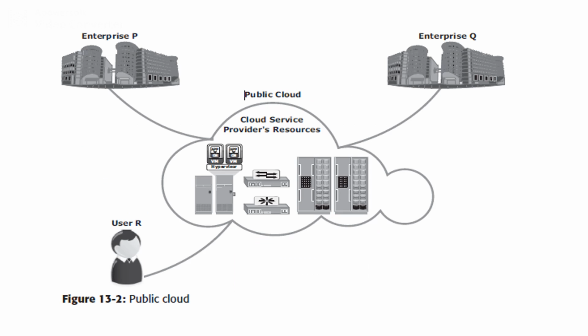The diagram shows the cloud service providers providing service to different consumers. This is the public cloud that provides the service to two different organizations or enterprises, Enterprise P and Enterprise Q.